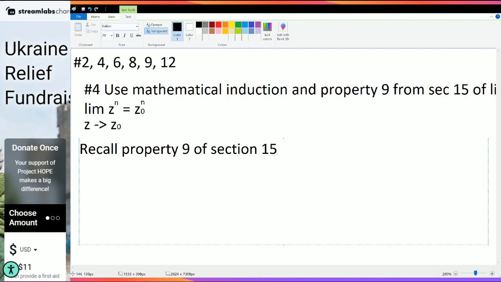All right. The limit as z approaches z naught of f of z, capital F of z, equals w naught, capital W naught, as z approaches z naught.